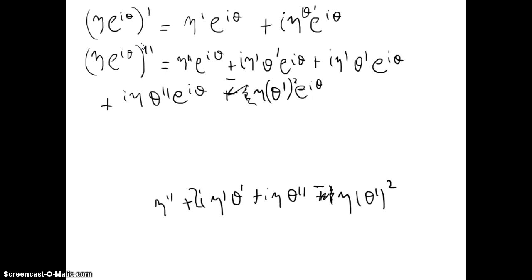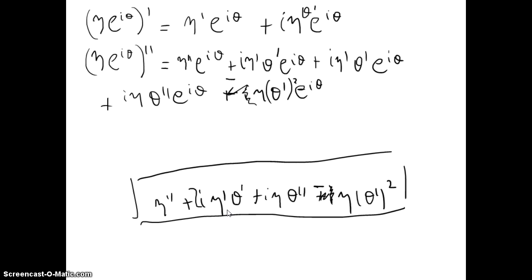We would have to take the second derivative of this. That is some work, but after you do all the work, you arrive at an expression that has some terms that are real and some that are imaginary.